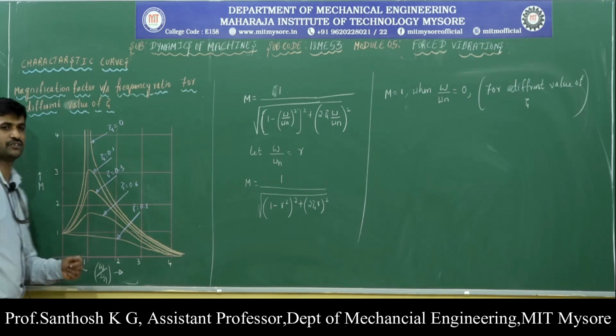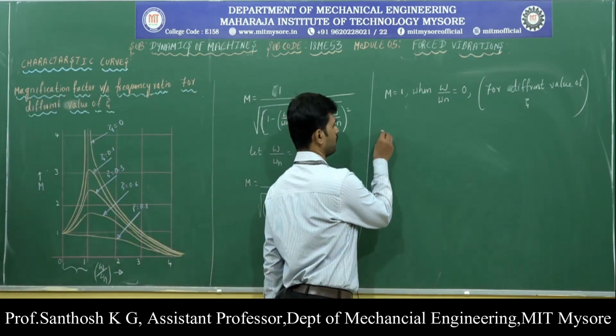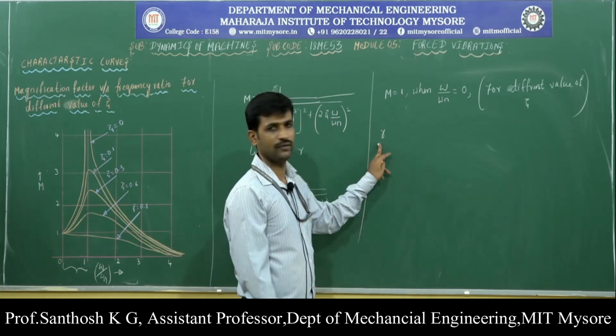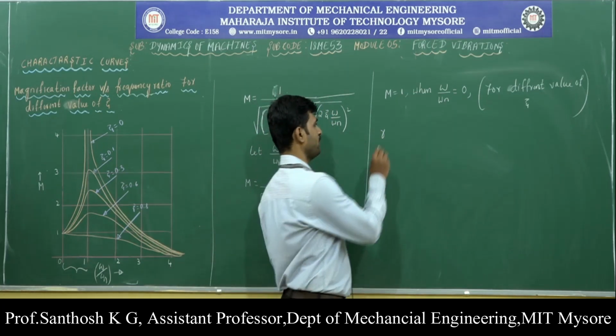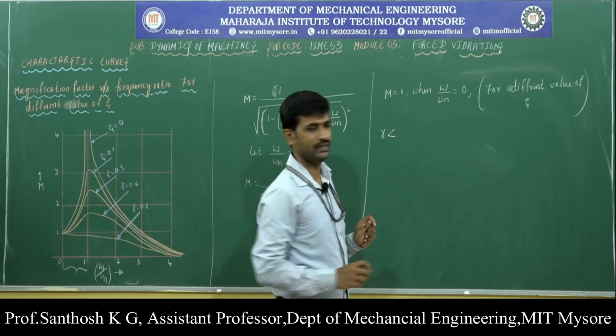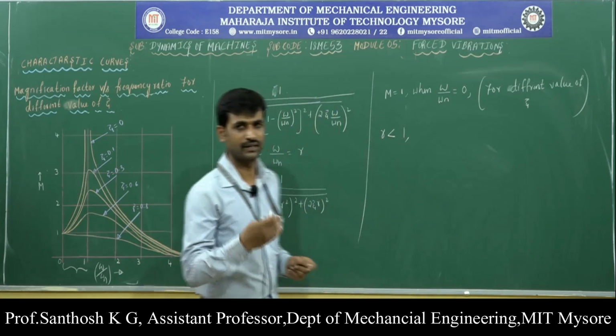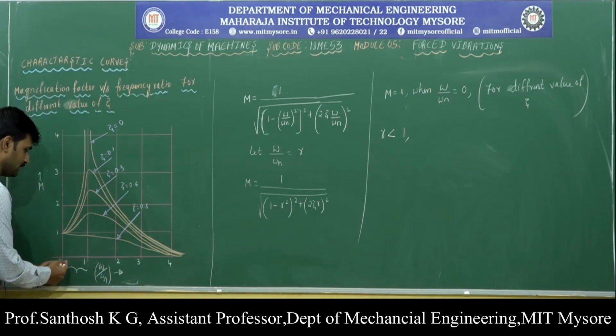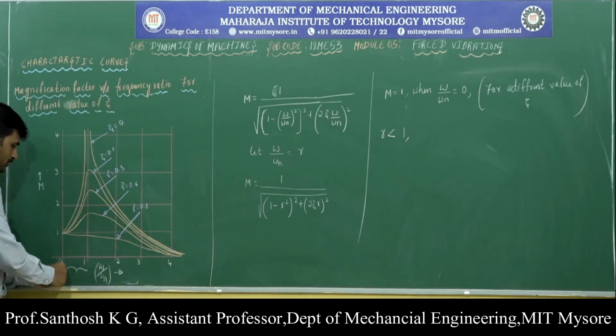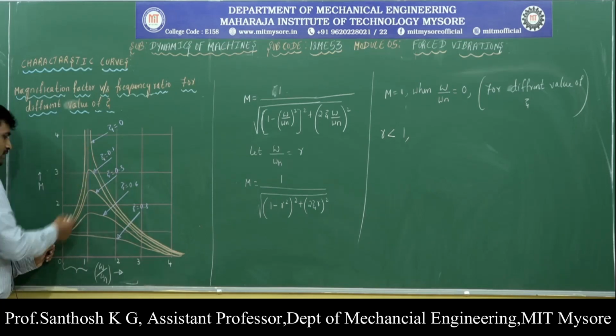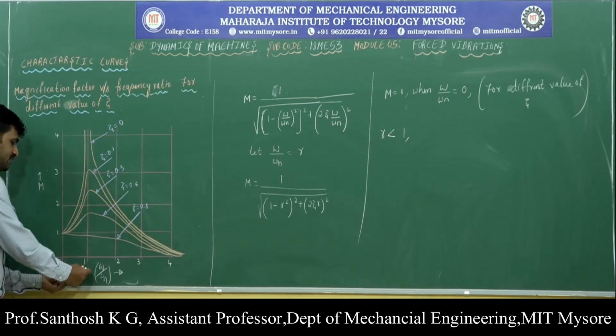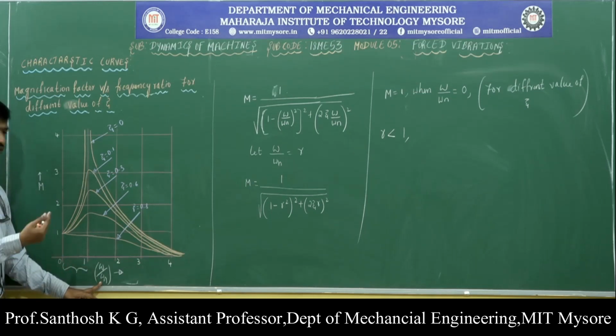The second conclusion is, in this region, when the value of omega by omega n is between 0 and 1. The value of omega by omega n we are denoting by r. So when r is less than 1, with the increase in the speed, you can see the amplitude of the vibration is increasing. The value of m is increasing in the region 0 to 1 when we increase omega by omega n.